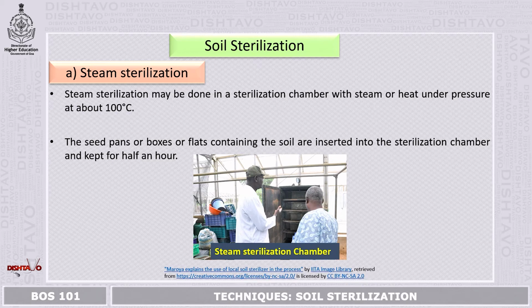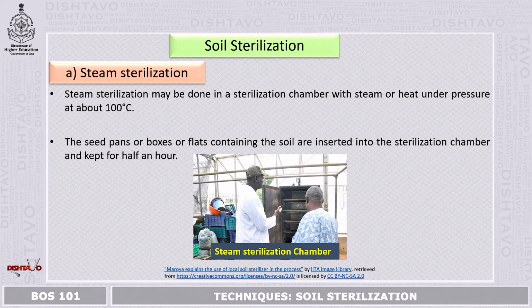Coming to the first type of soil sterilization, it is steam sterilization. Steam sterilization may be done in the sterilization chamber with steam or heat under pressure at about 100 degrees. And in this, you can remove most of the fungal spores and nematodes.